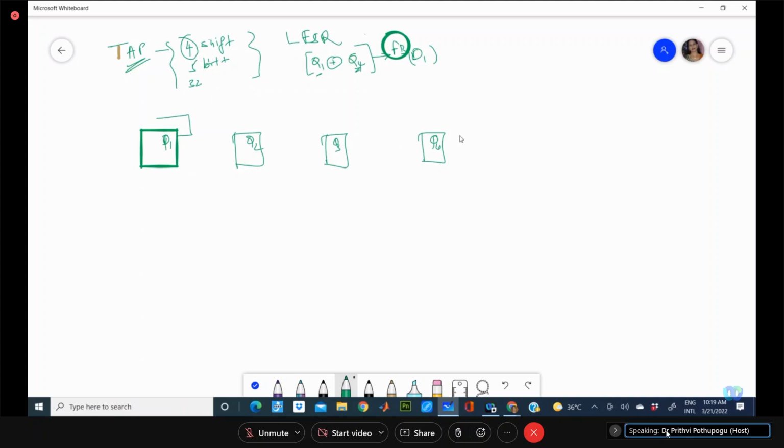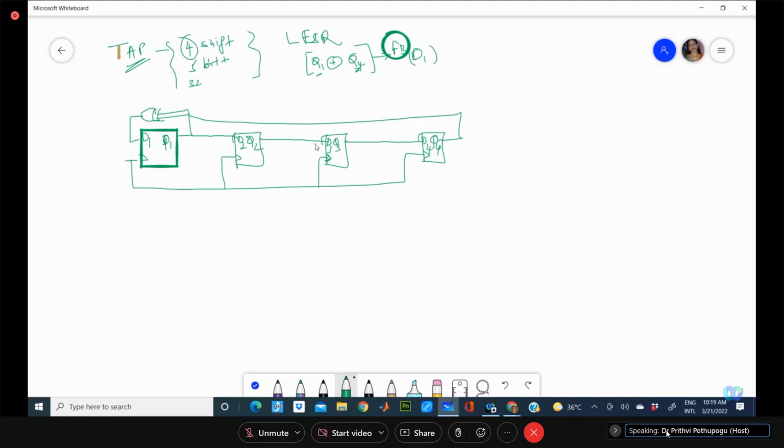We were taking these as an XOR, and we were feeding that back to D1, and Q1 goes to D2. Q2 goes to D3. Q3 goes to D4. And this is with respect to a simple synchronous clock. Just for recollecting, I am doing this once again.